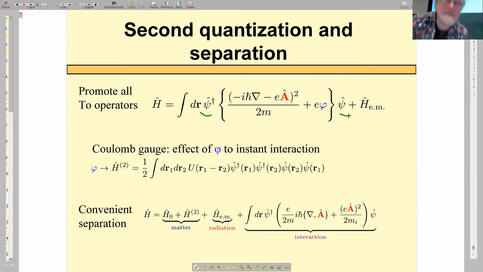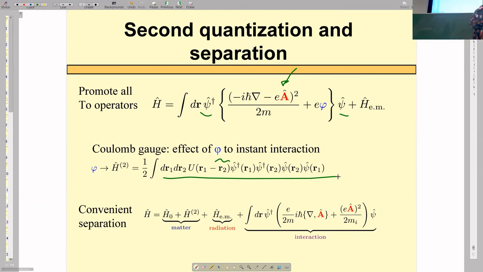Those are operators of electrons, creation and annihilation. Here in A, we have the electromagnetic field. Then there is a step which is not very logical by itself, but logical for humans. We separate the electromagnetic field into the scalar potential, to describe the effect of instant interaction in atoms.